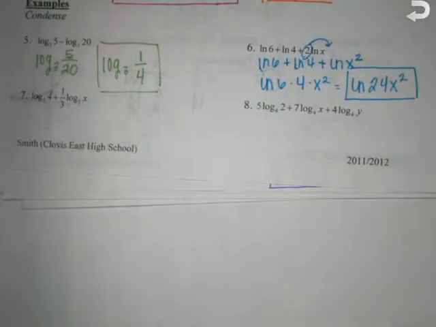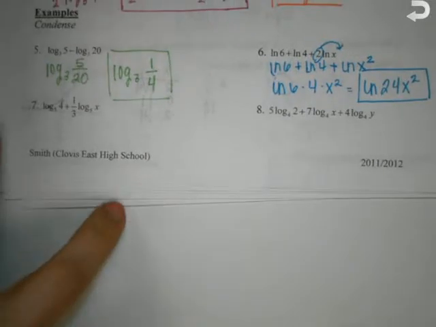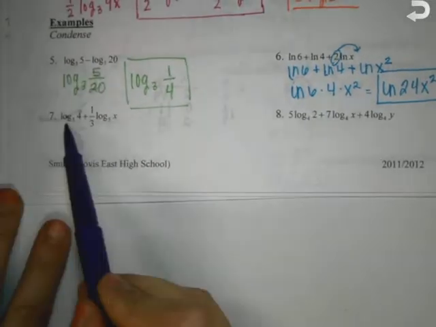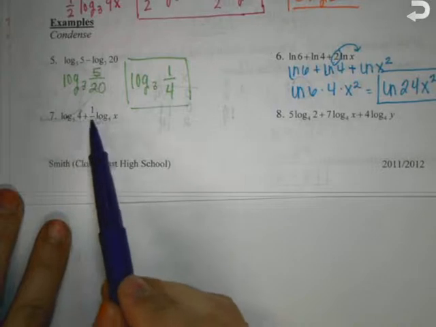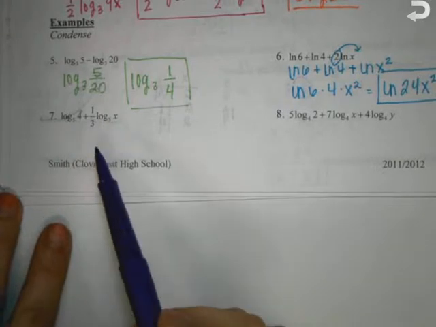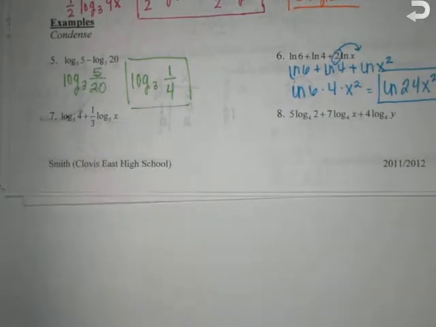You guys still okay? Yes? Okay. Number 7, log base 5 of 4 plus 1/3 log base 5 of x. What rule do I need to take care of first? Power rule. So I need to move that 1/3 and bring it back inside.